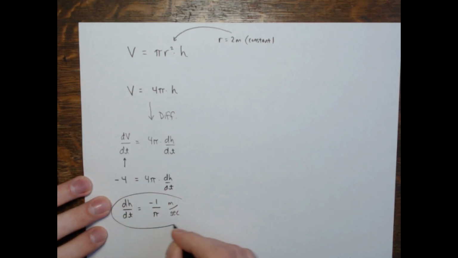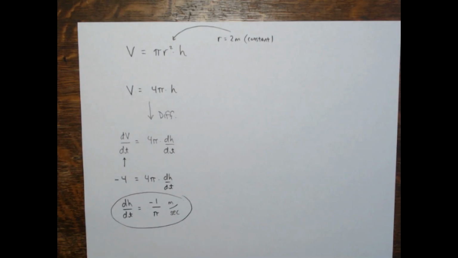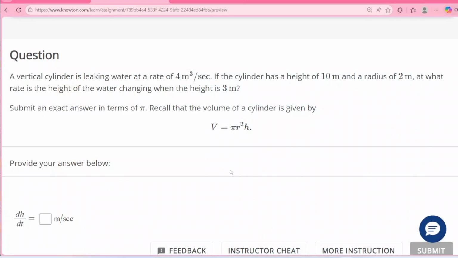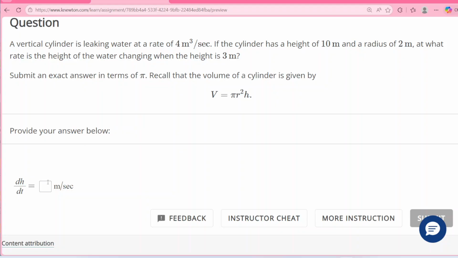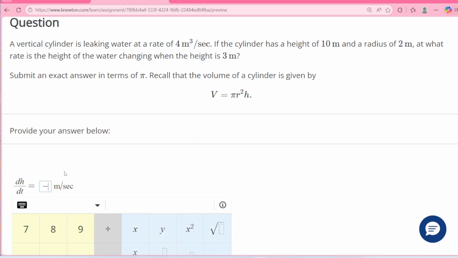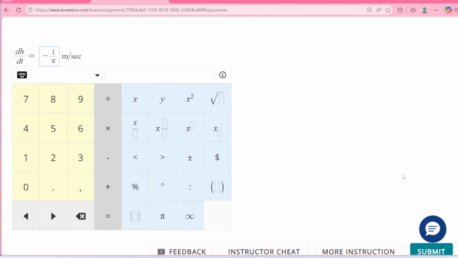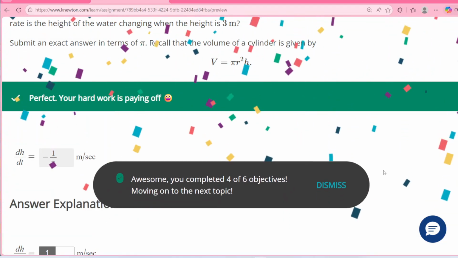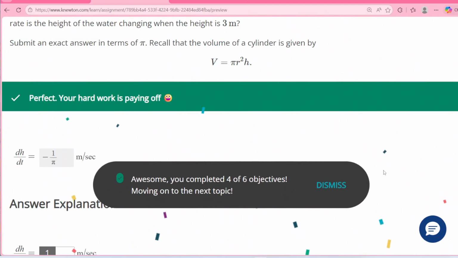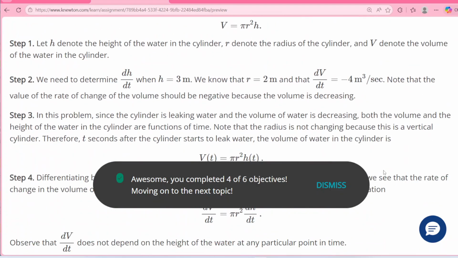So there's your dH/dt, negative 1 over pi, so about negative 1/3 meter per second. But they wanted you to put it in terms of pi. So negative 1 over pi meters per second. Cool.